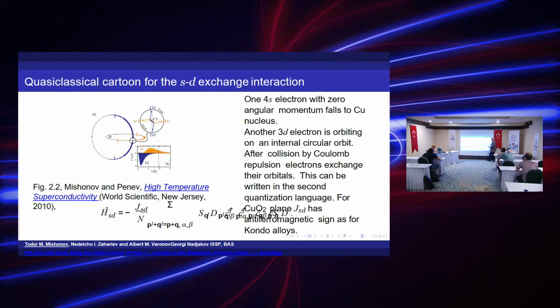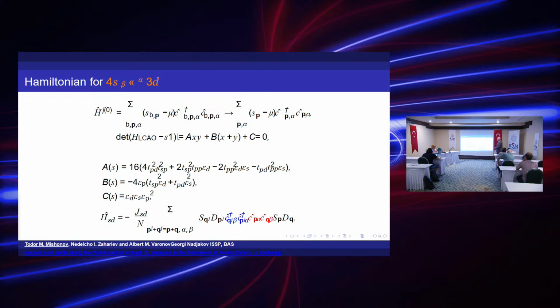But two electrons can change their orbitals, and this is the sd exchange mechanism. There is already a book systematizing those technical details. I will skip all those technical details which are standard, but we are presenting those orbital calculations.